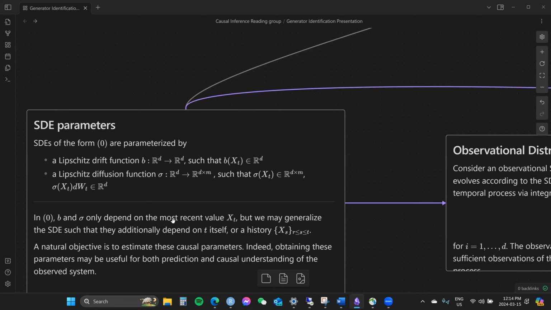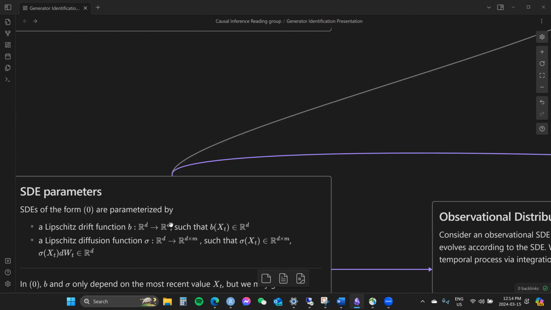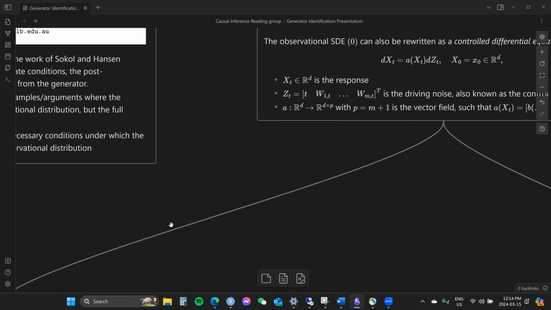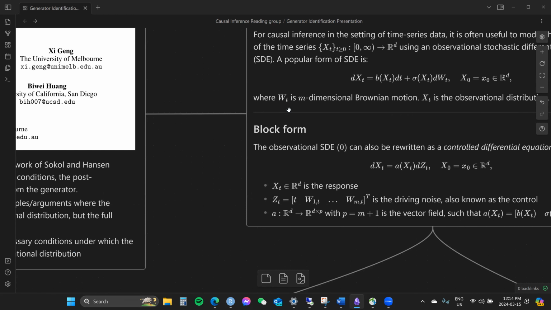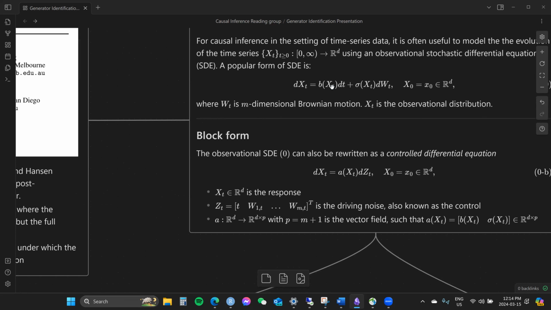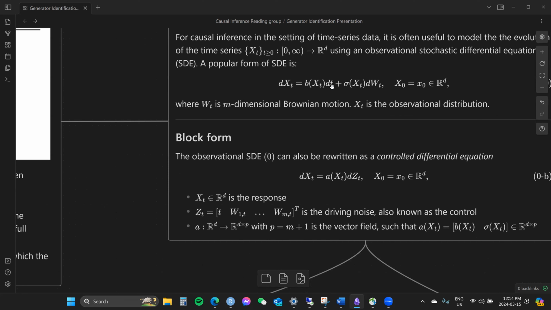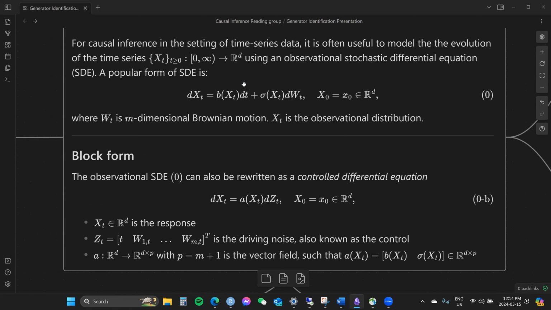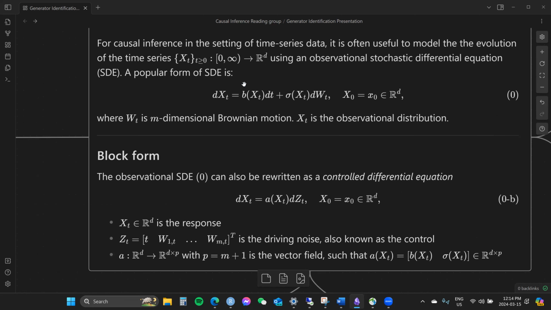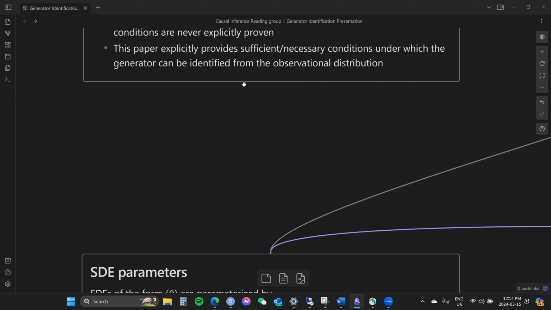One thing I do want to note is that in the model that we were introduced over here, the drift and diffusion terms only depend on the value of the process at the current time point, like the most recent value. A lot of us are currently looking into generalizing this, and you can certainly do that.